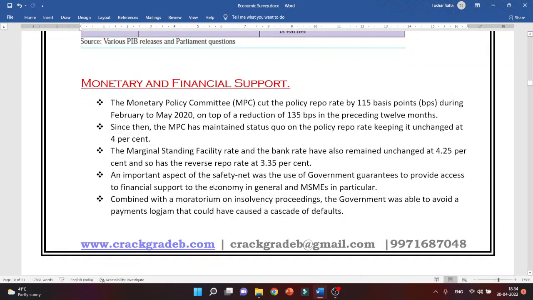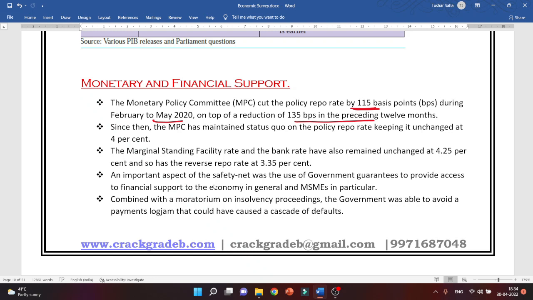Then let's move to the next one, that is monetary and financial support. So as per the Monetary Policy Committee, it has cut the repo rate by 115 basis points during Feb to May 2022, on top of the reduction of 135 BPS in the preceding 12 months. So RBI had been reducing it drastically, right?